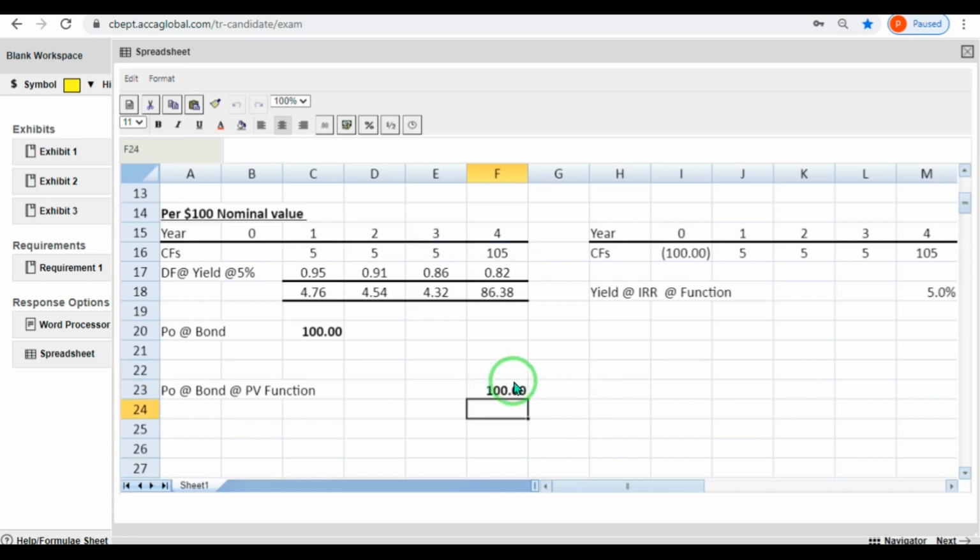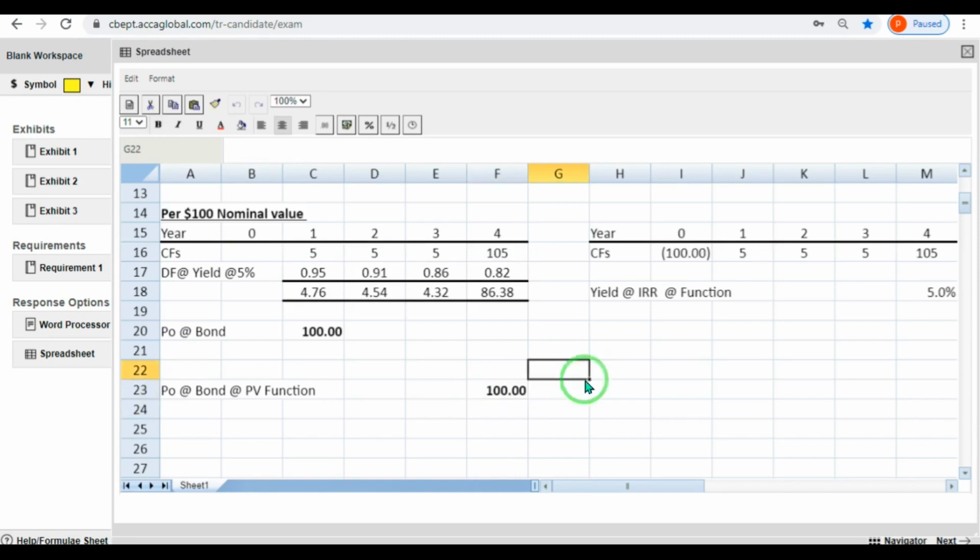It works. But if you don't want to put percent, then you put 0.05. Careful, because if you put 5 by mistake, it simply takes 5%, and you're going to get an answer, but it's not the right answer. So careful. It's always safe to put 5%.